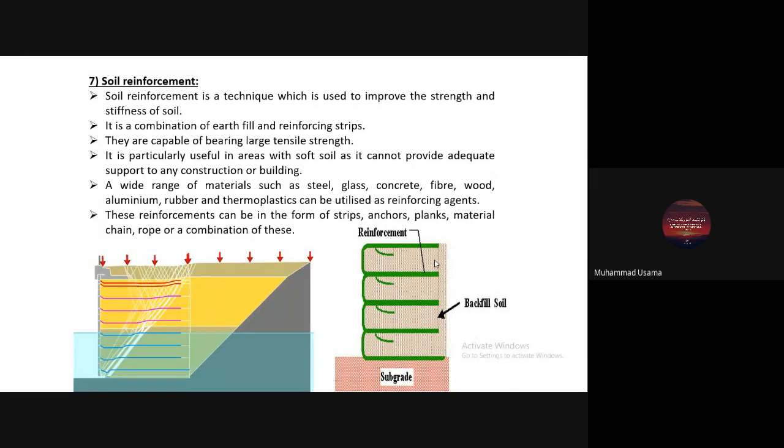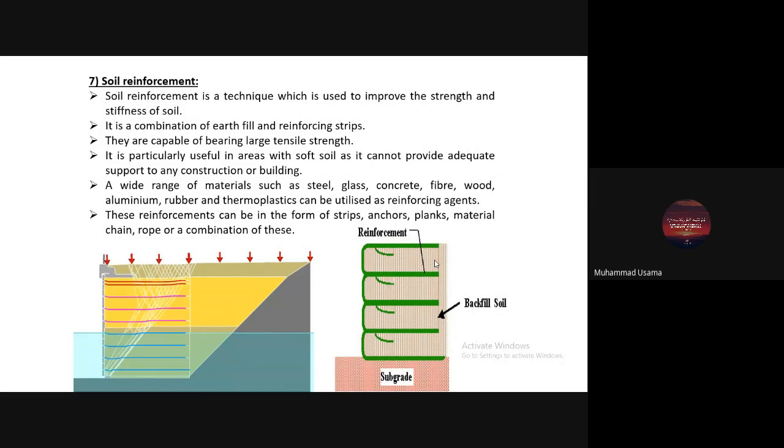Its objective is to increase the bearing capacity of the soil and the tensile strength capacity of the soil. It is particularly used where the soil is very soft and incapable of taking the superstructure load.